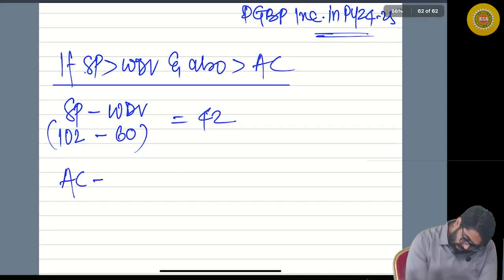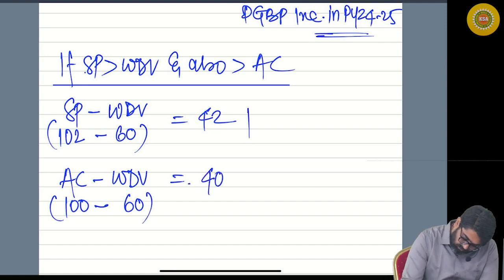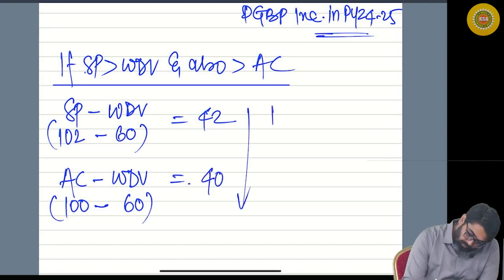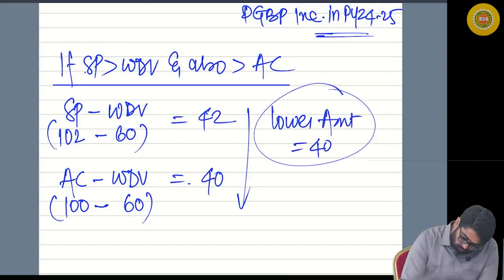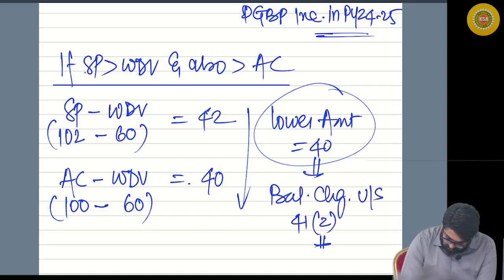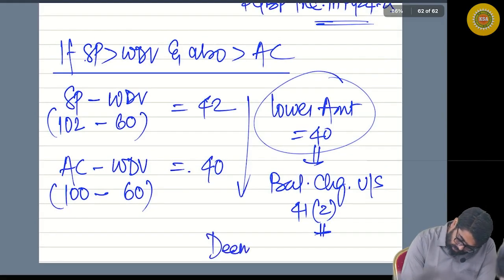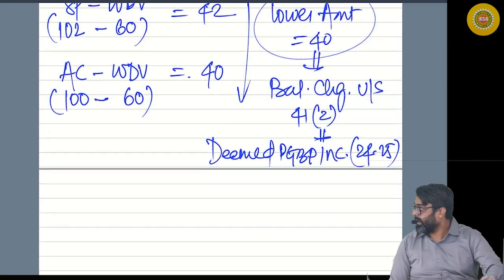And actual cost minus WDV will give you the amount of depreciation. 100 minus 60 will give you 40. This or this, whichever is lower. So lower amount is 40. This 40 will be treated as balancing charge under section 41(2), and this will be deemed PGBP income for previous year 24-25. Getting my point, sir?